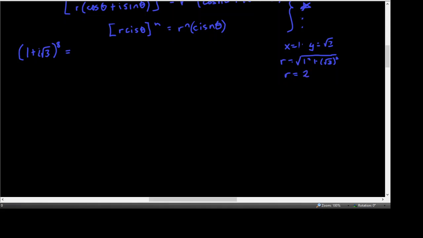And then if we plot that point to make sure we get the right quadrant, 1 plus square root of 3 is about right there. So, of course, this is 1 and this is square root of 3. So we know that our angle is a 60-degree angle.